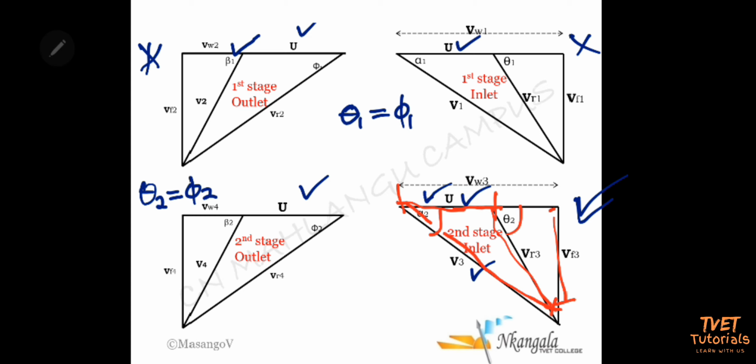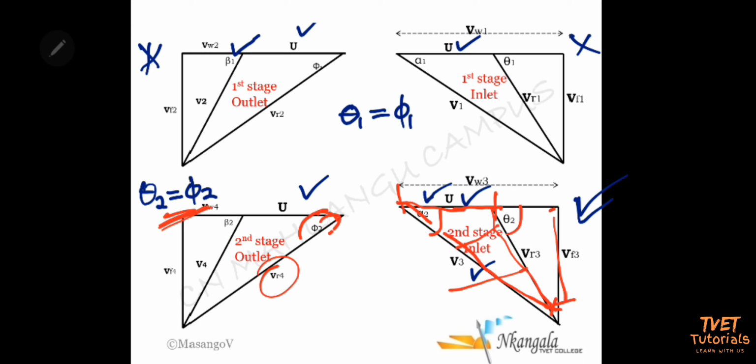Then from this one, we go and complete the outlet of the second stage. So far we said we only have U, the mean blade speed. How do we find the other data points? Remember that K is given, so we are going to use K to calculate VR4 from VR3, and then we are going to say phi 2 is the same as theta 2, because we have what is called symmetrical blading.